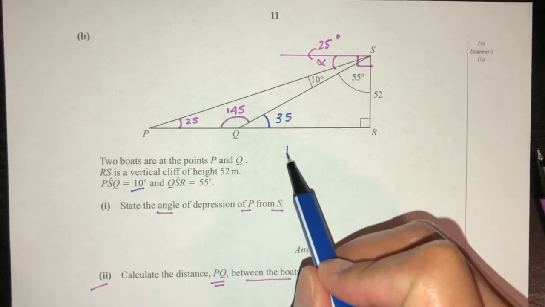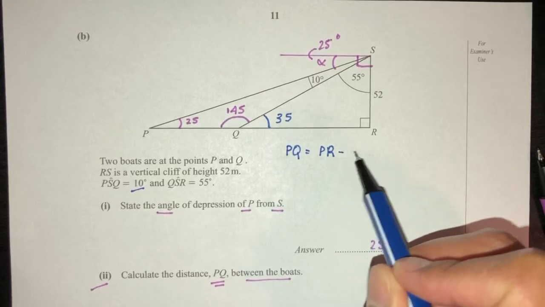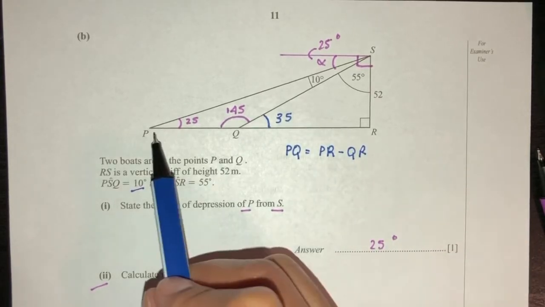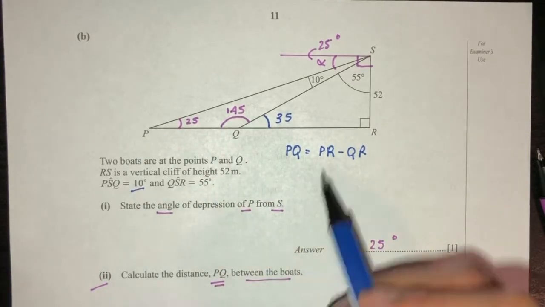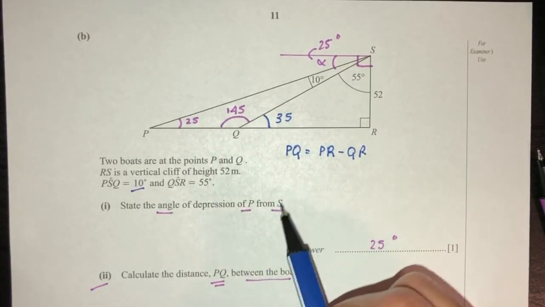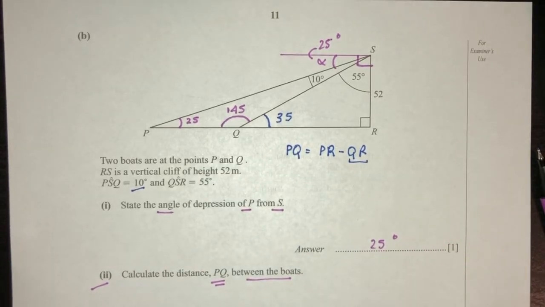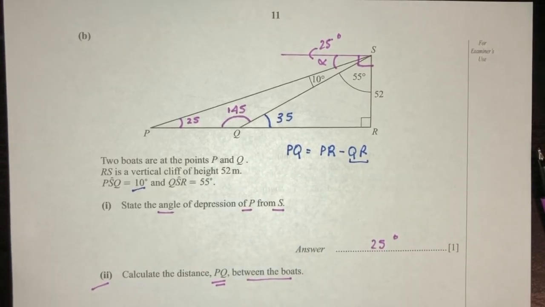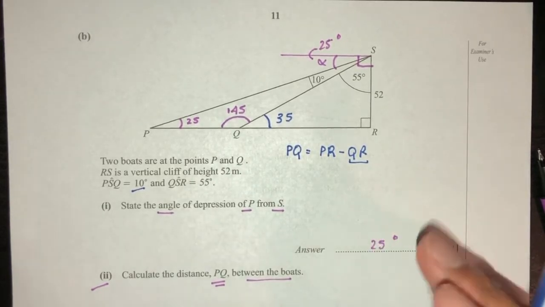So PQ is equal to PR minus QR, right? So we can first find the value of, let's say we want to find QR. So how would you find the value of QR? But that is one way of doing that. Let me think. We can also do other way.